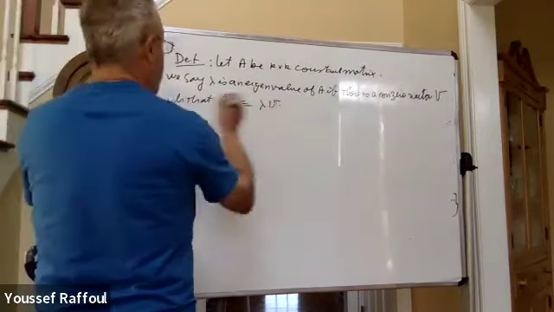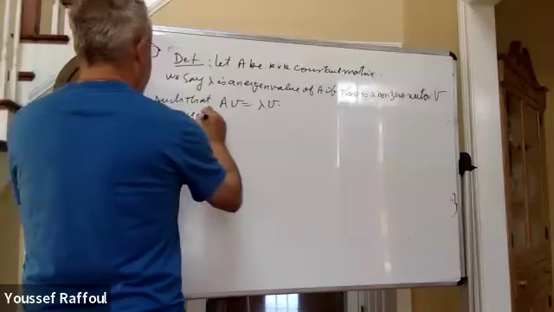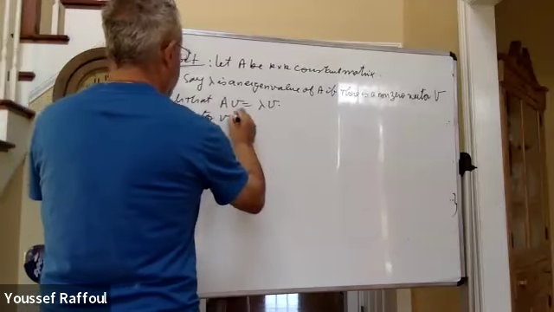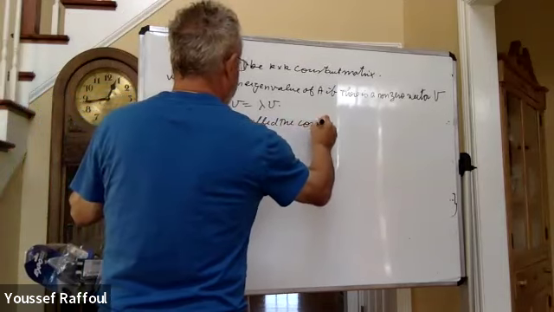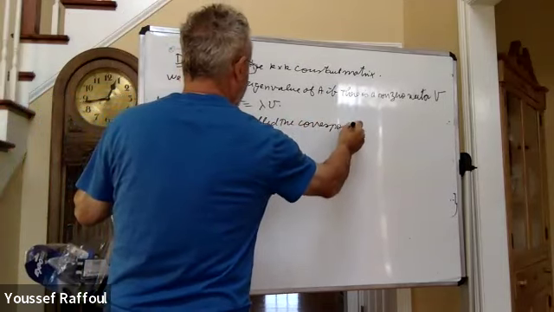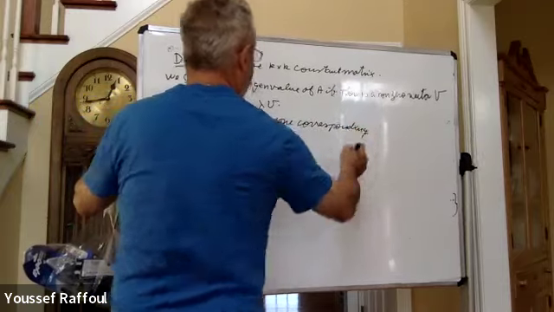Now, the vector v is called the corresponding eigenvector.